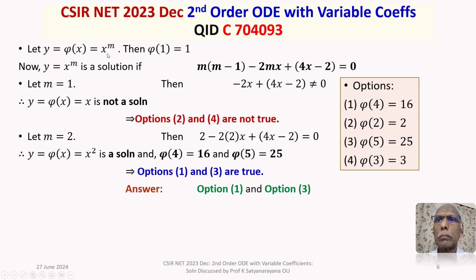Then we have asked for what values of m this will be a solution, and we got m is equal to 1 and 2. So that is a kind of cutting short the procedure of finding the solutions. Right. That kind of thing you have to make in such a competitive examination to save the time.